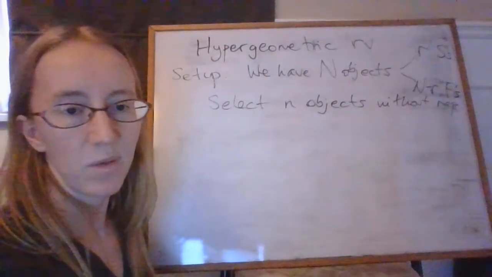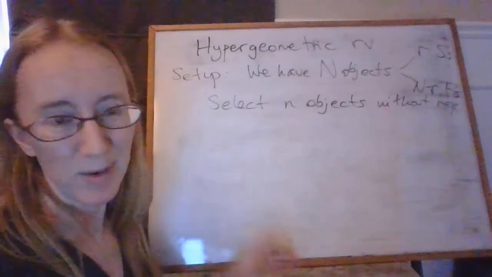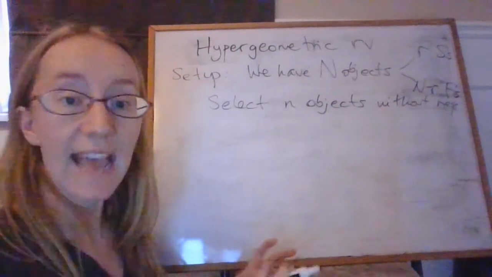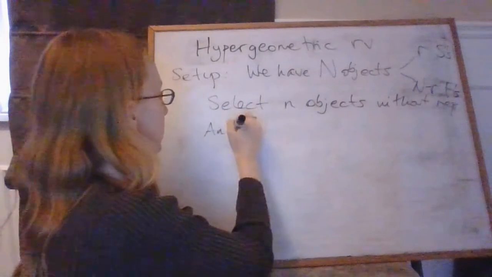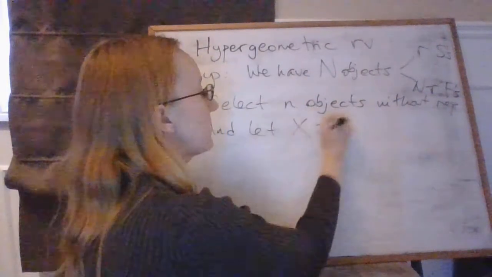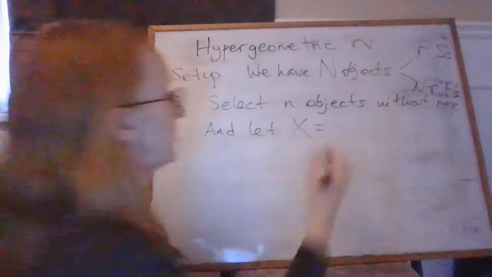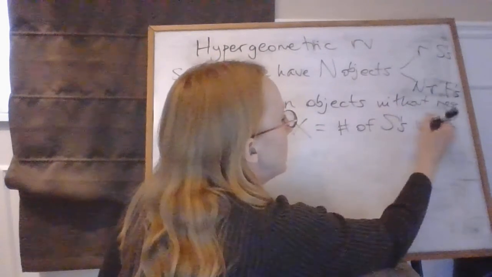And that's why dice was a bad idea, because you could get the same number twice. But we're going to select n objects without replacement and let X, the random variable, equal the number of the objects that we select that are successes. The number of successes we get.